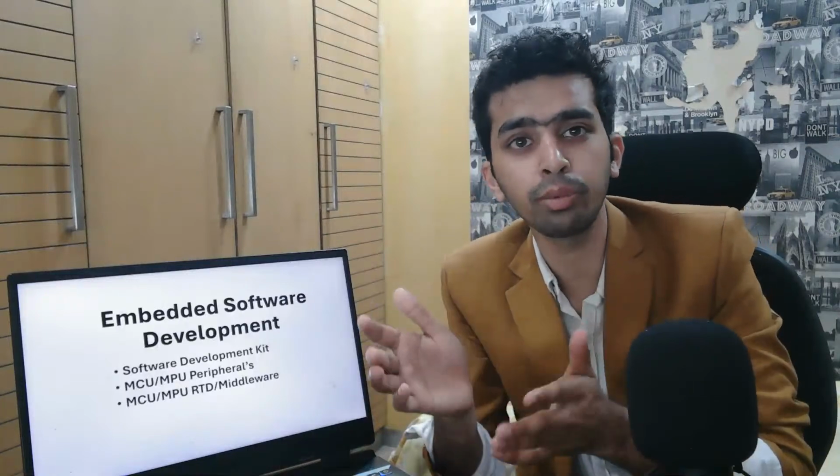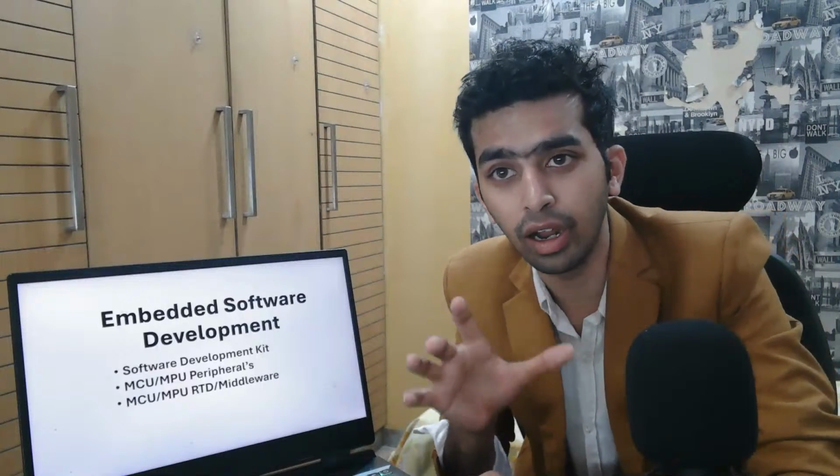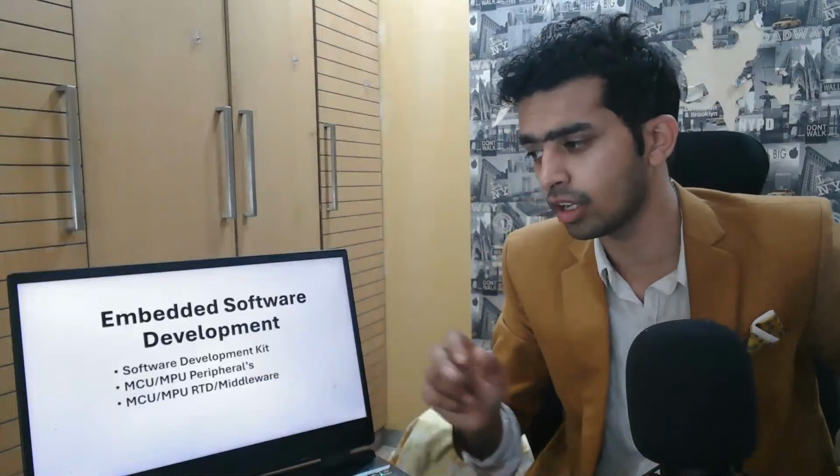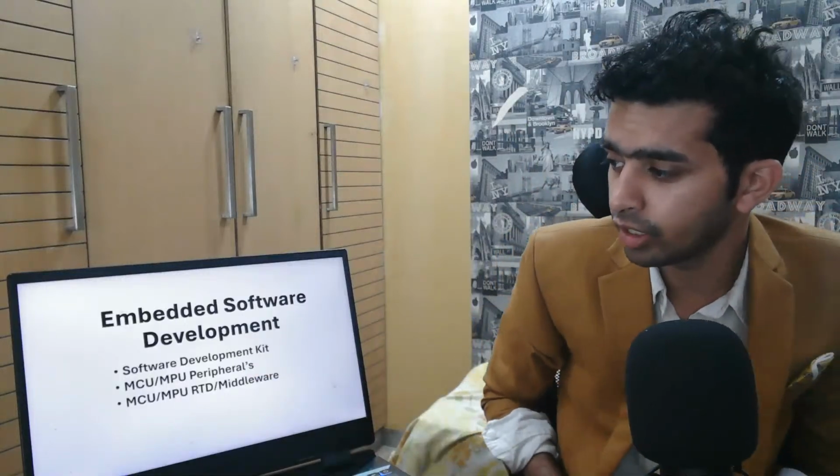Different peripherals and protocols around microcontrollers and microprocessors will give you an understanding of how we interact the hardware with the software, and how two chips communicate with each other. And then in the last comes the understanding of MCU, MPU, RTD, and middleware stacks.